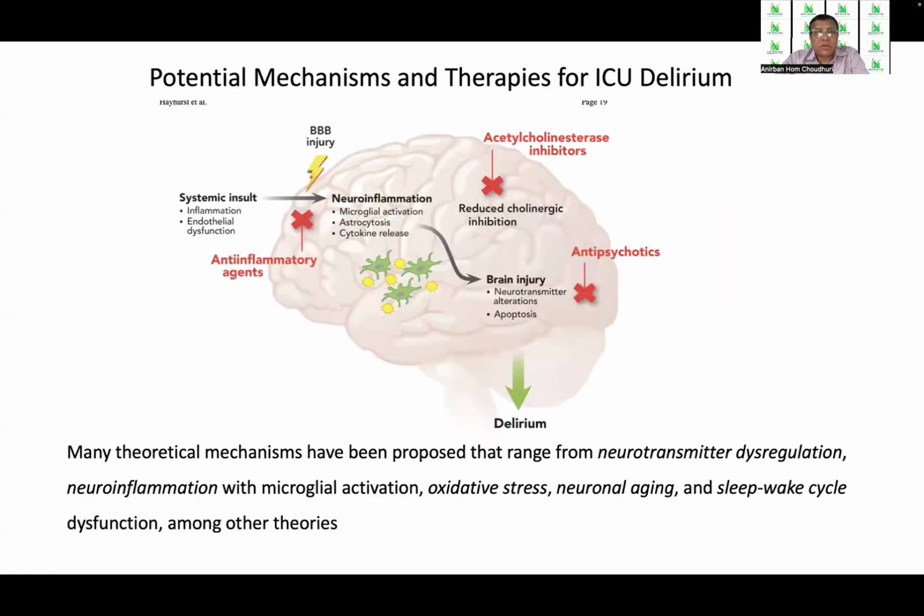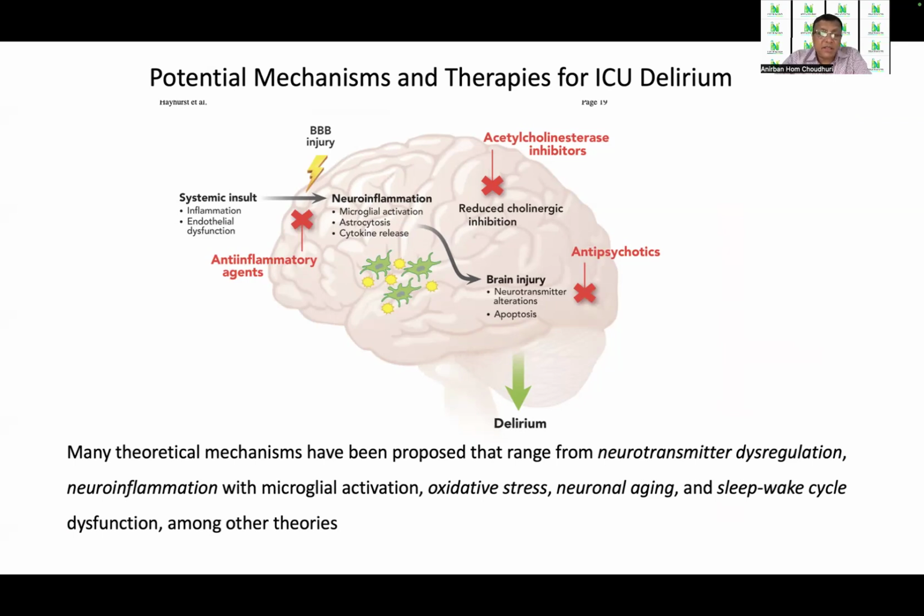Now, what are the potential mechanisms of delirium? It is important to know because the therapies are guided by the potential causes, and all the pharmacological medications used in delirium have their distinct actions on certain areas of the brain and are likely to affect certain pathways which can produce some kind of side effects or adverse effects.